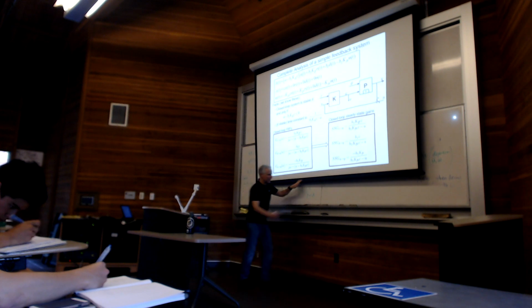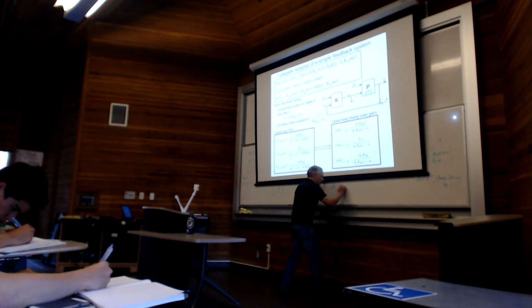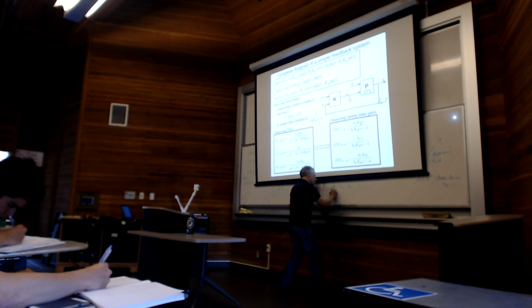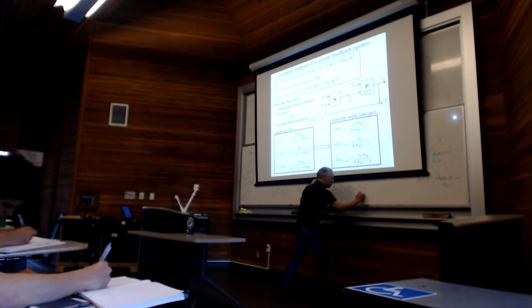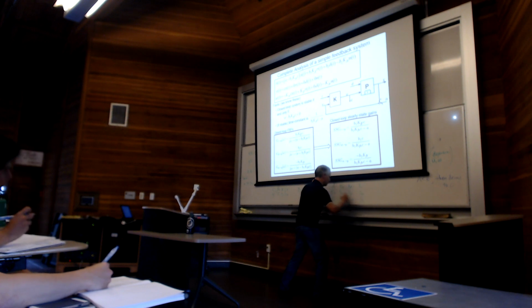So in this case, I've got A, BR, BD, BN, CY, CU, DYR, DYD, DYN, DUR, DUD, DUN. Does everybody see?